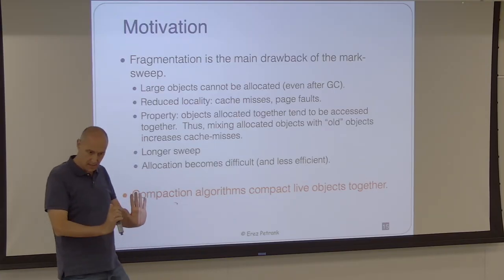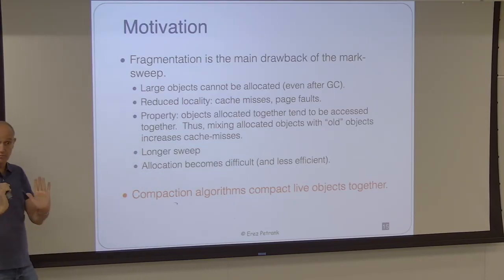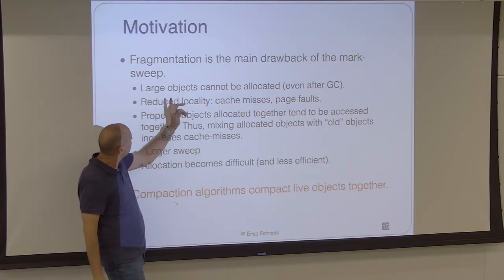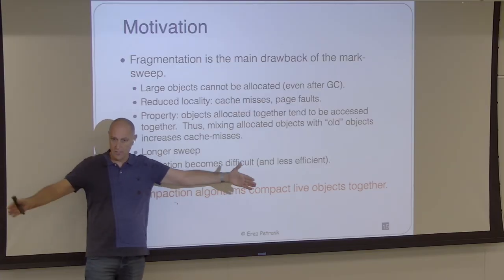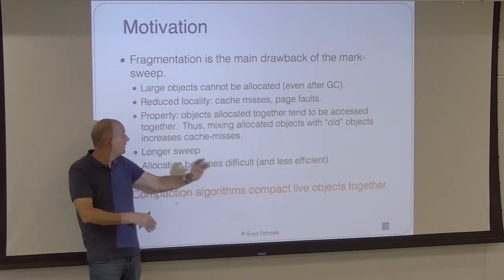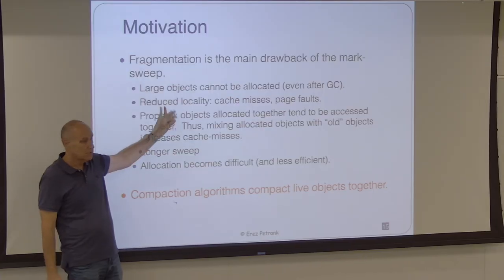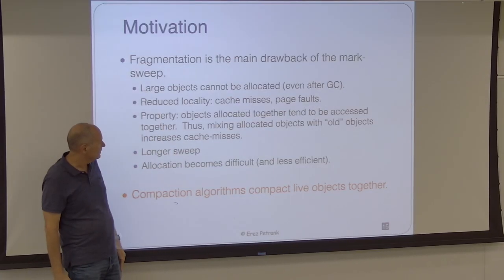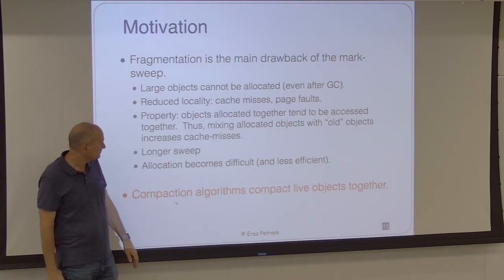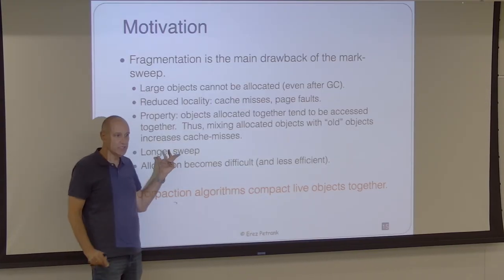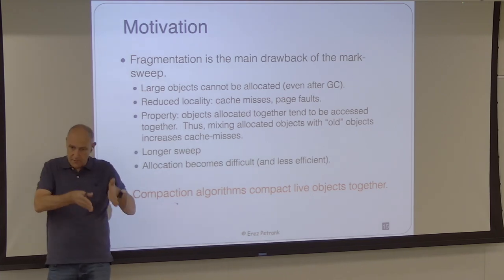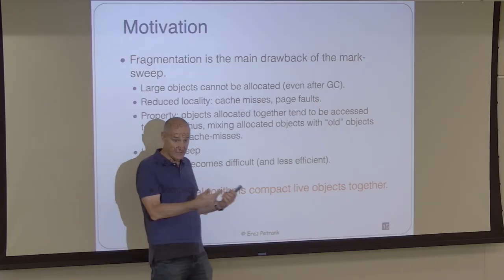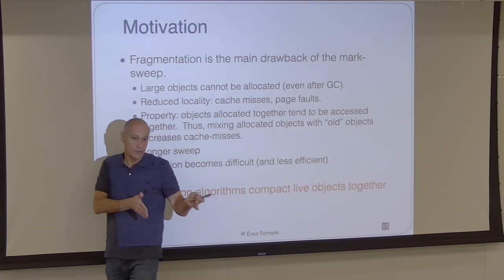So this is like in a normal program. This is what people found is the right way to do. So if I manage to have a large space to allocate in, then it's good for locality. Objects allocated together tend to be accessed together. The sweep is going to be longer if there are lots of small spaces that need to be reclaimed and added to the free list, then it's more work for the sweep.